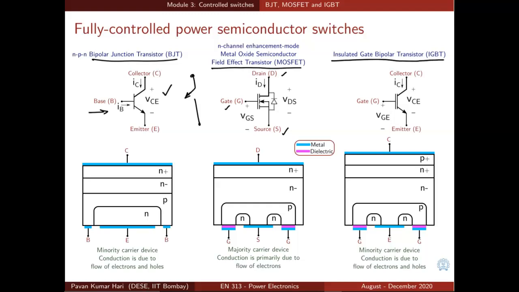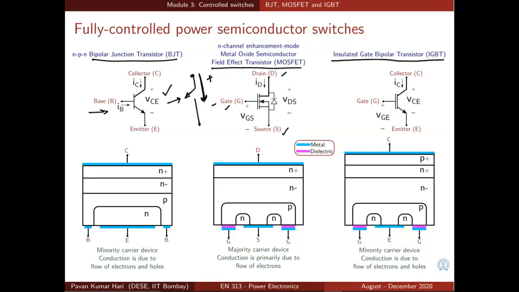So 2 terminals, that means the voltage or the current flows through these terminals when the switch is on in this direction. The voltage is blocked across these terminals in this direction or the other polarity. So these terminals are known as power terminals, through which the current flows when the device is on.